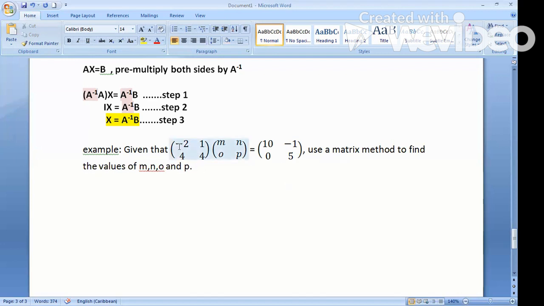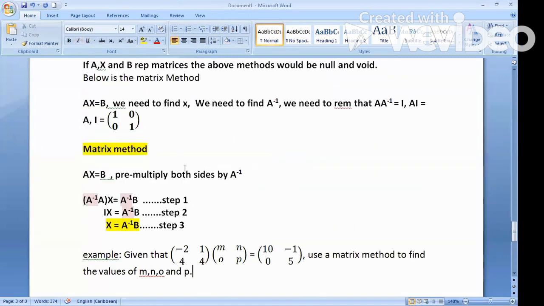Do you realize that what we have here is very similar to what we have up here?